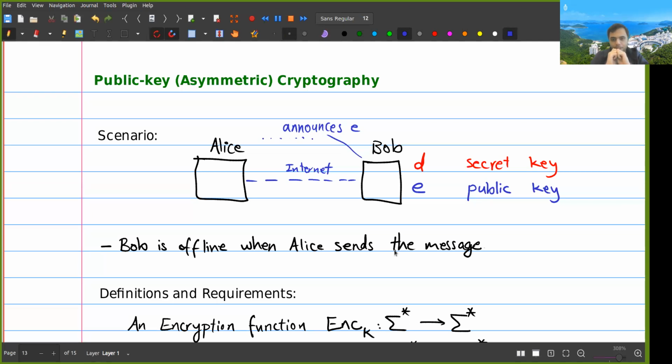So if you think of a digital signature, it should be some proof that only Bob can create, because only Bob should be able to sign on his own behalf, right? And conceptually, this is very similar to decrypting here. Because in this scenario of public key cryptography that we have here, only Bob can do decryption, right? And then when we talk about digital signatures, only Bob should be able to sign.